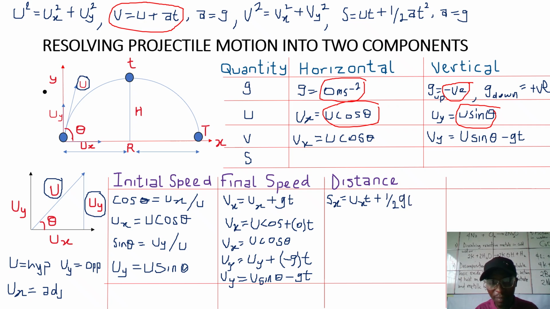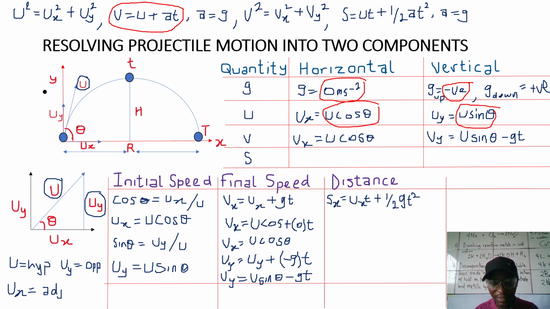And we've established earlier that along the horizontal axis, our g is equal to 0 meter per second squared, because an object that's moving along the horizontal axis is not affected by gravity.